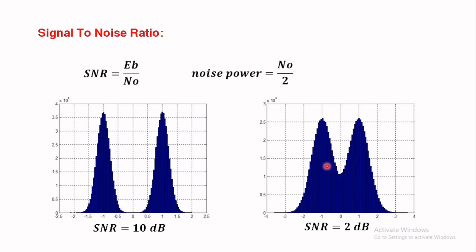Here we see that increasing the noise power also increases the variance of the noise. And the received signal is widely distributed, not just around 1 and minus 1 like here. So this is the effect of the channel on the received geometric signal, or geometric point.